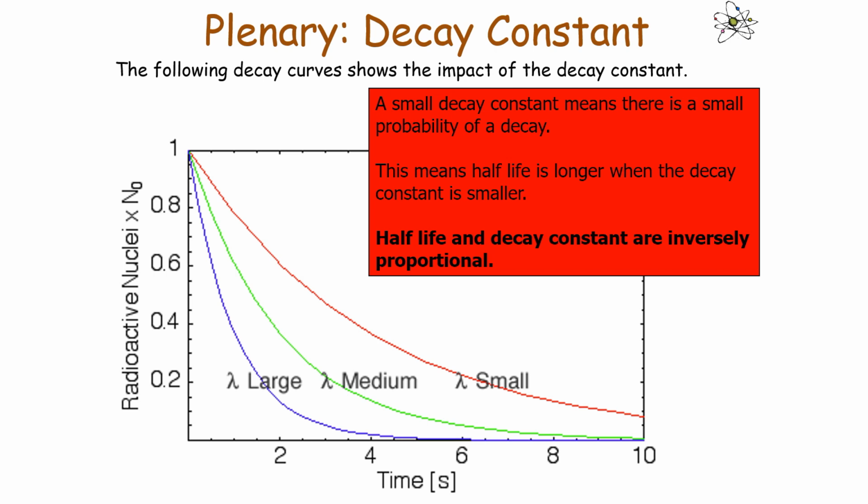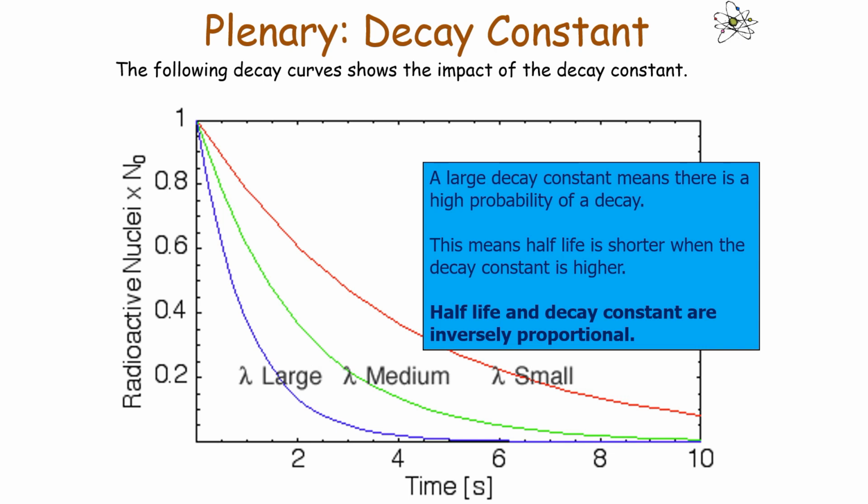Now the red line shows a small decay constant and the blue line shows a large decay constant. A small decay constant means there's a small probability of a nucleus decaying, so the half-life is longer when the decay constant is smaller. So this indicates to us that the half-life and the decay constant are inversely proportional.